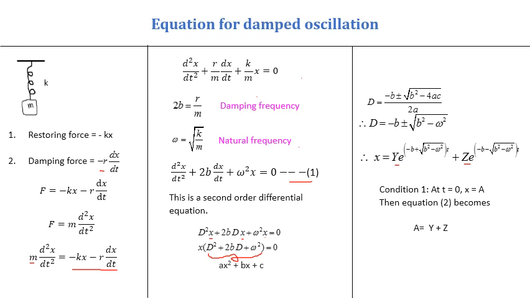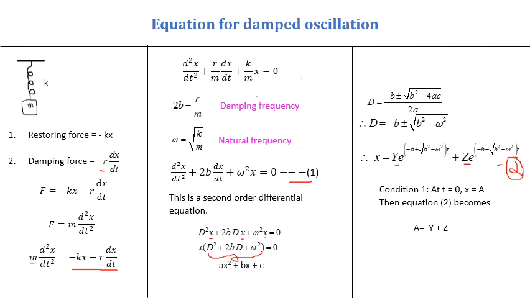So the first boundary condition says that when t is equal to 0, x is a. That means displacement is maximum, which is equal to a. Then expression 2 becomes y into e power 0 plus z into e power 0.